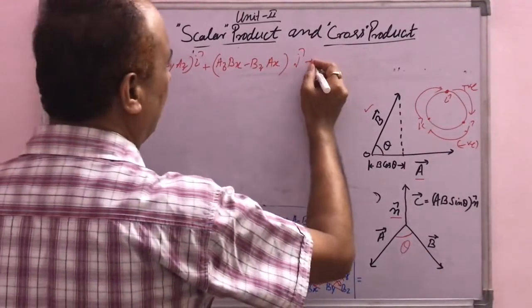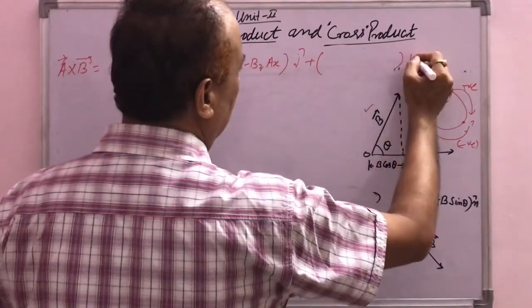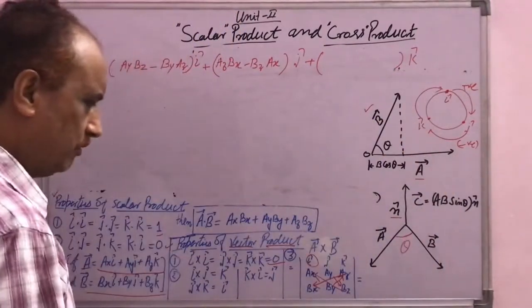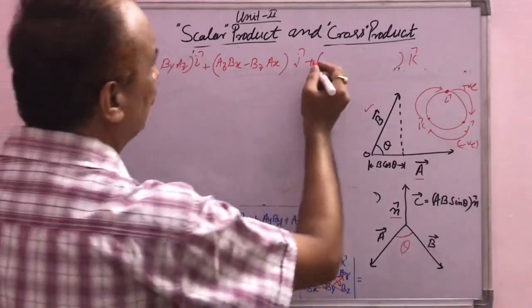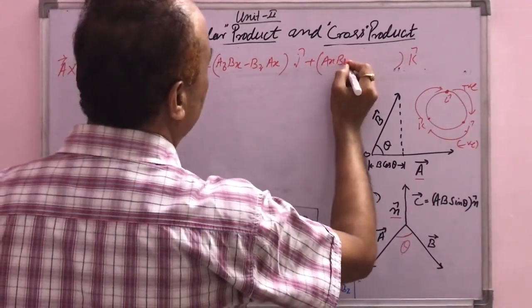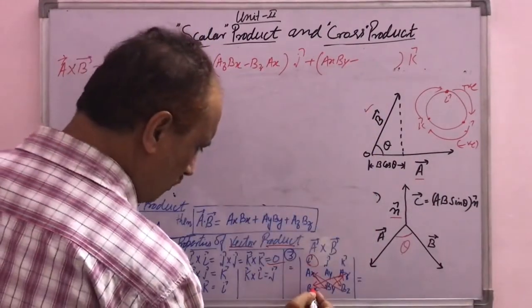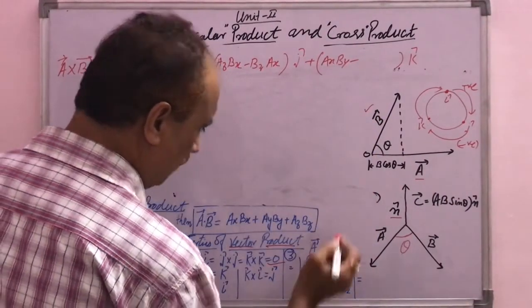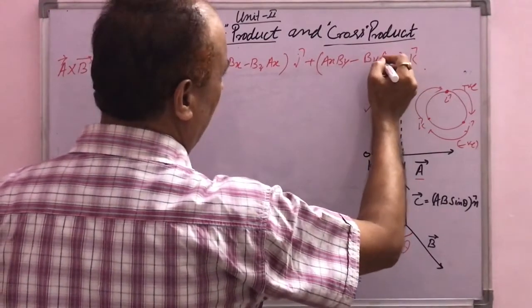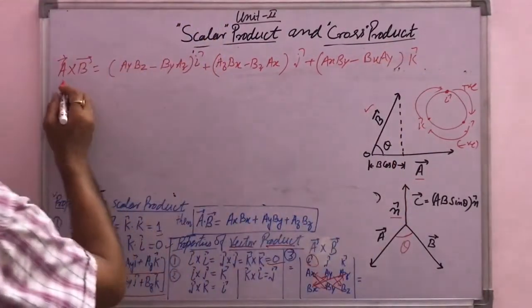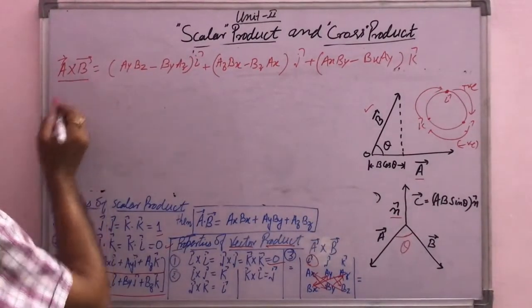And in the third bracket, we write the k unit vector and multiply like this: AX BY minus BX AY. So this is the cross product of vector A cross B.